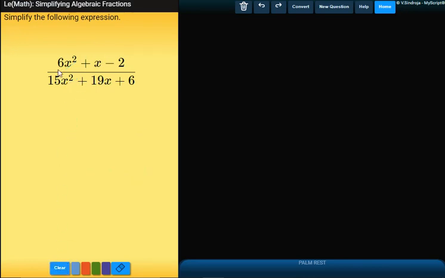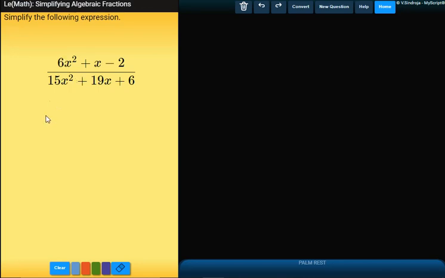So the question is, how on earth do we actually then go about simplifying these two here? Because it is not a multiplication of two things or three things. There's these pluses and takeaways in the middle. Well, the trick is factorization.